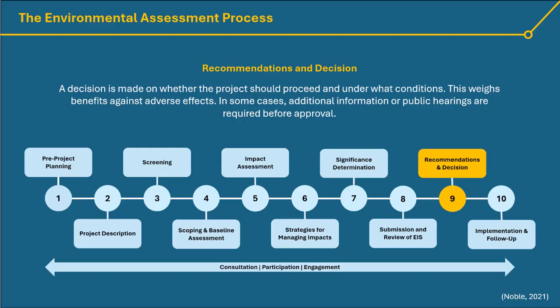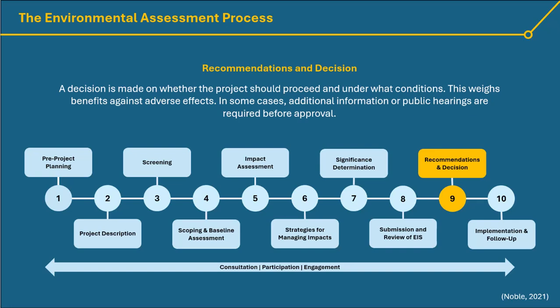Now, once that environmental impact statement is submitted, we get to recommendations and a decision. So at this stage, finally, the regulatory body, like the Impact Assessment Agency of Canada, is going to provide a final report with recommendations. But the actual decision is going to be made by some political authority, often a minister or a cabinet, based on whether or not the project is in the public interest.